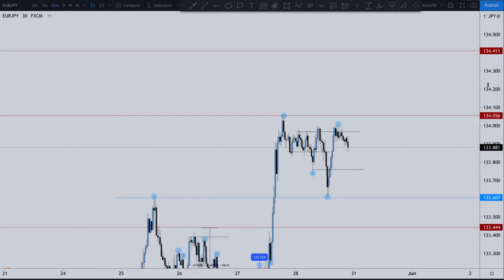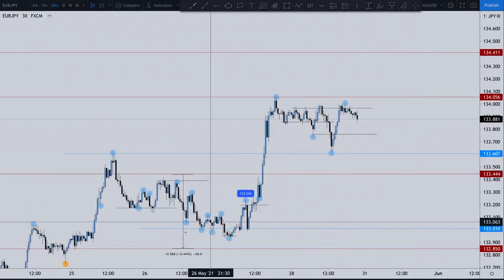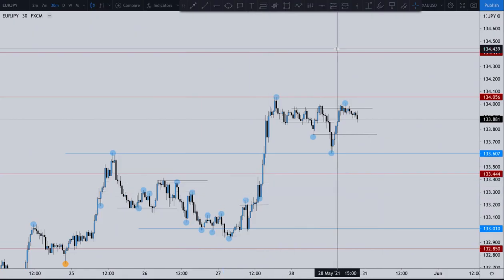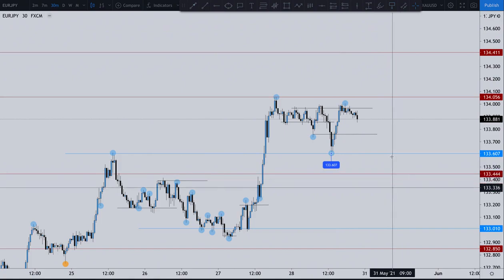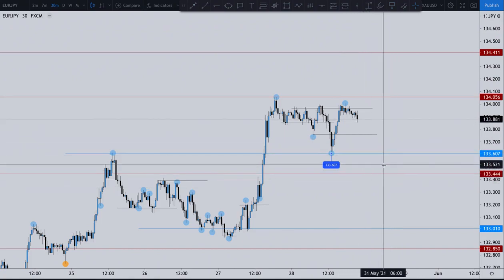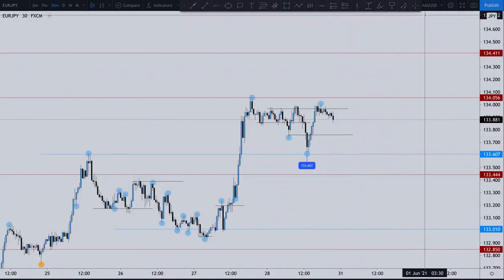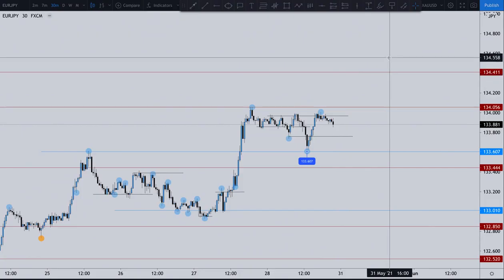Looking at the 30-minute right now, I can remove some of these lines, these areas. I feel that that area in particular, if I just put the marking on 133.60, if that holds as strong solid support, and last case scenario 133.44, this is where you want to be loading up longs for an explosive move to the upside, maybe even into 134.40, and maybe to make some fresh, absolutely clean highs.